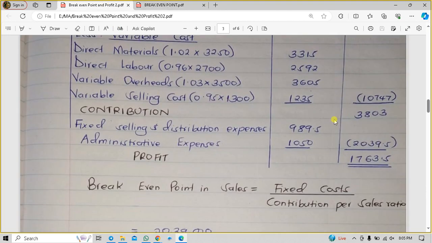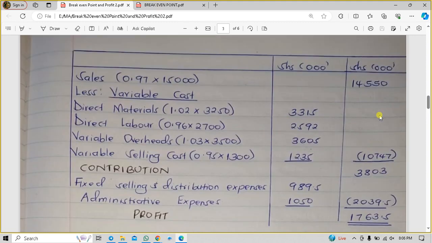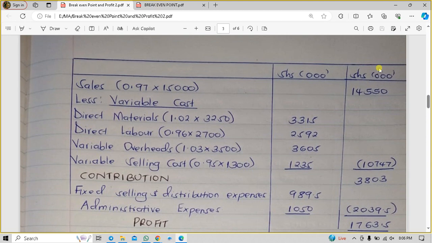So our contribution is this one, 3803. Remember there are 3 zeros. Divide by our sales, 14,550,03 times 100.